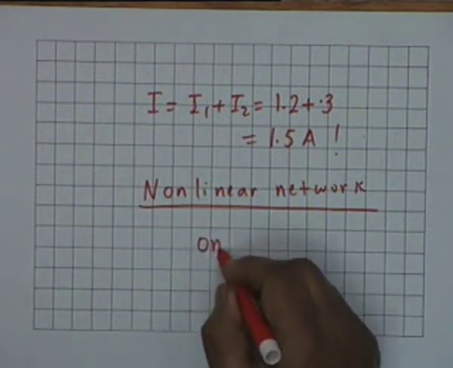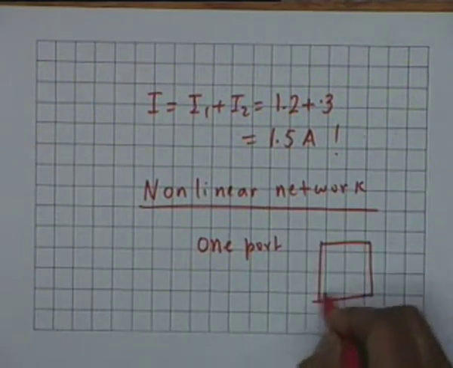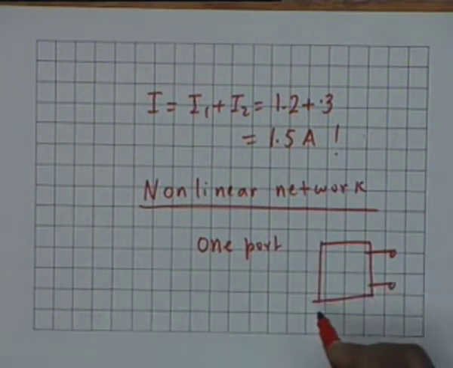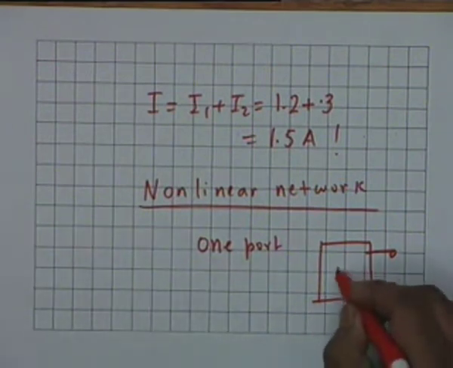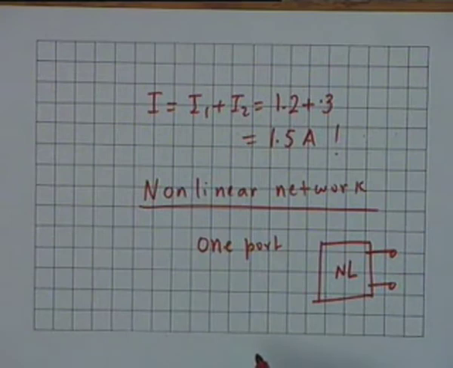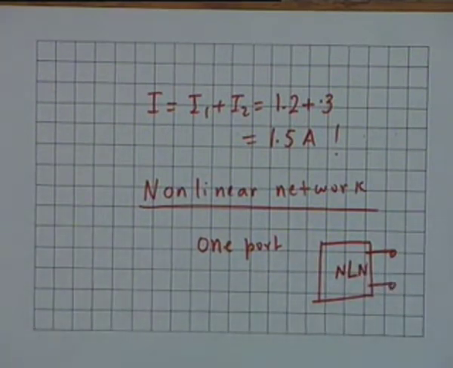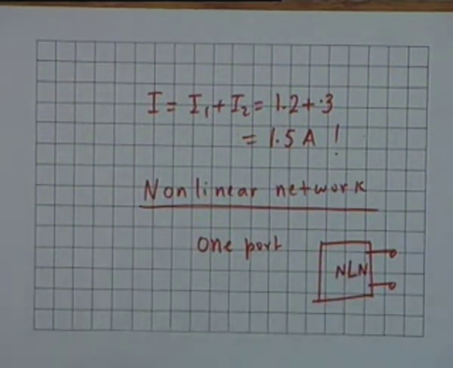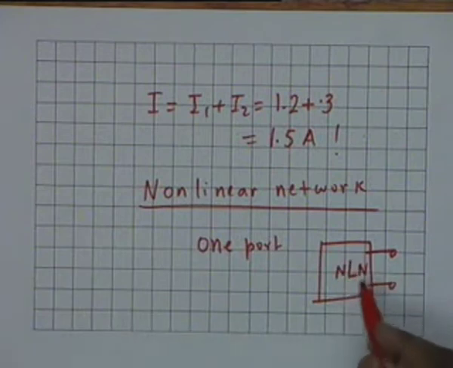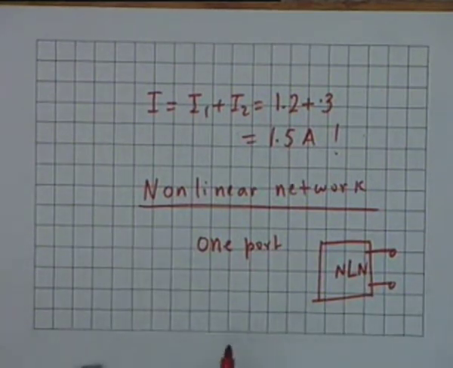A nonlinear one port, which means a network having available only two terminals, only one port or a pair of terminals, a nonlinear network, NLN. Okay. Obviously, if this is a resistive network, then you can call it a nonlinear resistor.